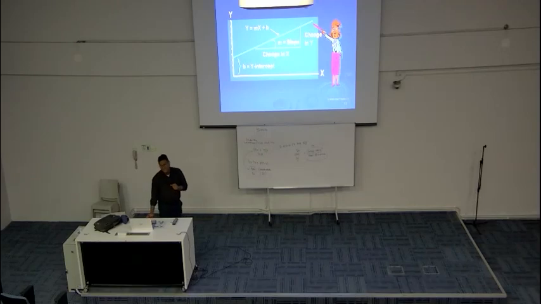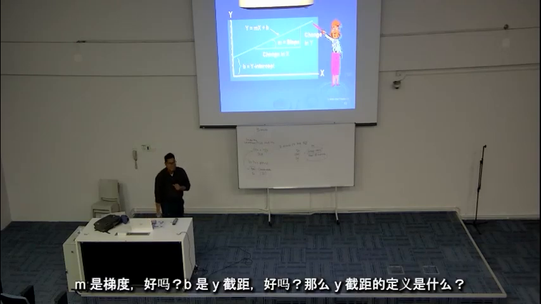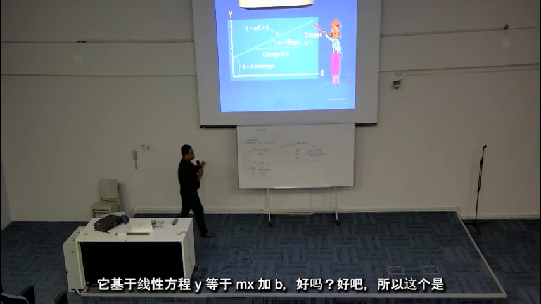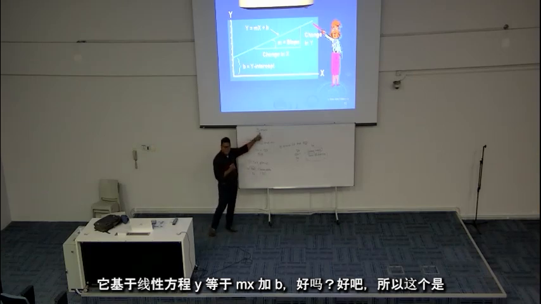The value in y. m is the gradient. b is the y-intercept. What is the definition of y-intercept? The y-intercept happens when x is equal to 0. So basically, linear regression is based on the linear equation y = mx + b.